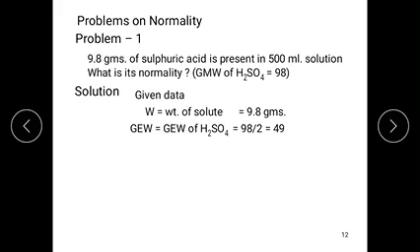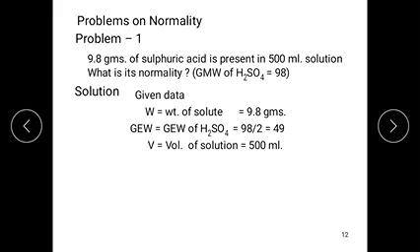Since we are calculating normality, we must take the gram equivalent weight of the solute. That is, the gram equivalent weight of H2SO4 equals the gram molecular weight of H2SO4 divided by its basicity, that is 98 divided by 2, which equals 49.